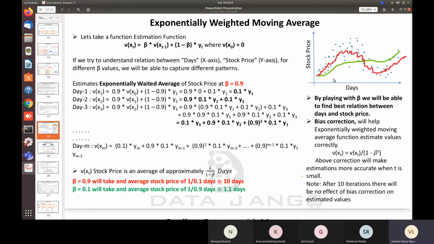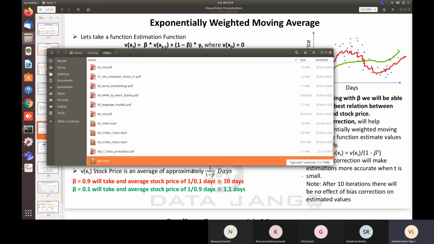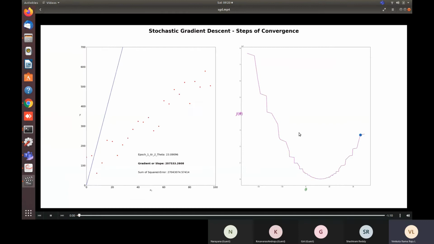This equation is going to help you because in this v of x t minus 1 and y t, we are going to put the previous gradient descent and the current gradient descent. That way we try to predict the current gradient descent. In our stochastic gradient descent, it is jumping around.